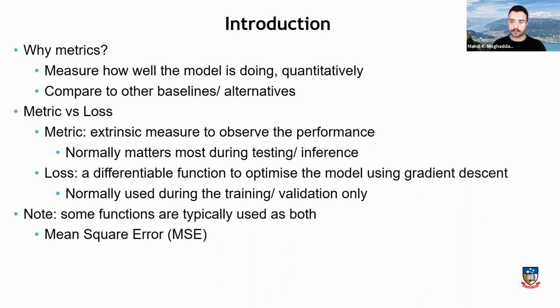You need to put a number on the performance of your model, no matter what your task is. Whether you're doing language processing, stock prediction, image classification, whatever, you will need to put a quantitative number on the performance of your model.